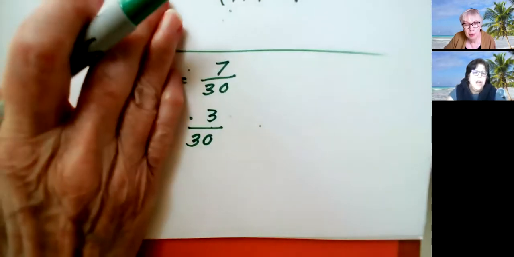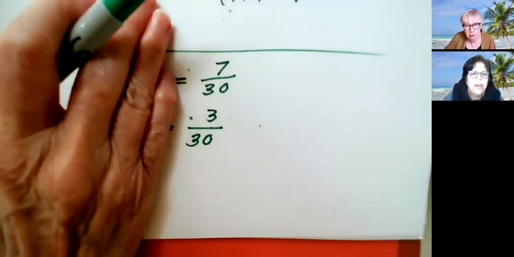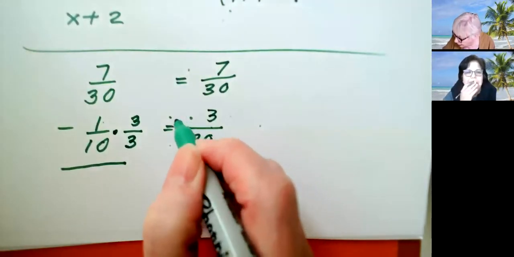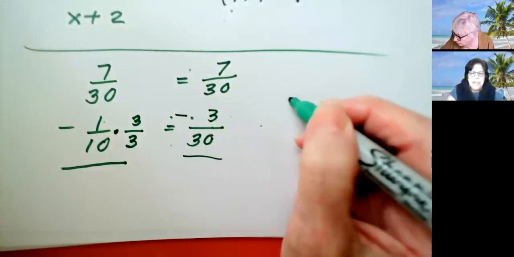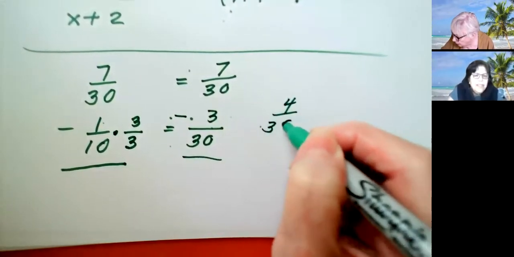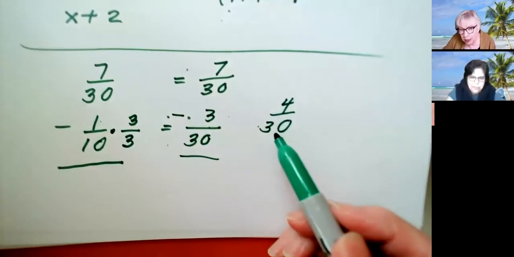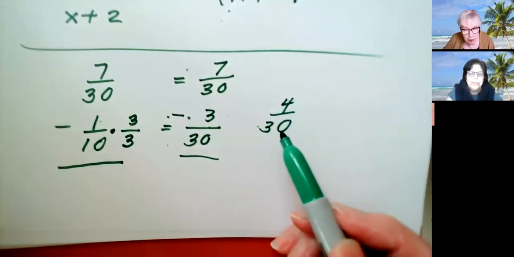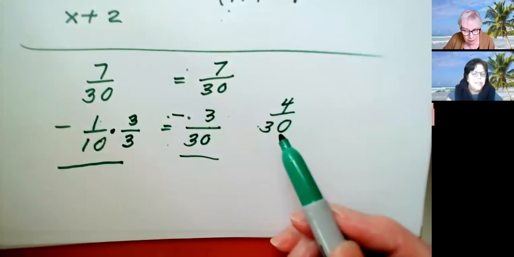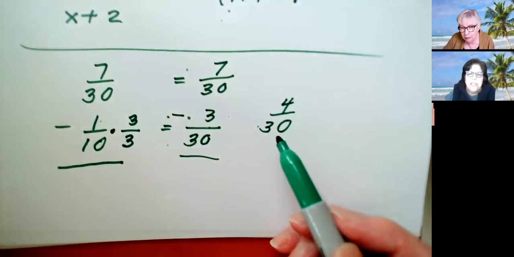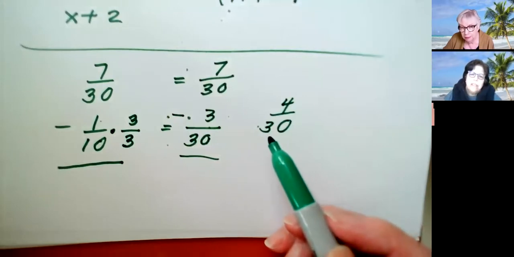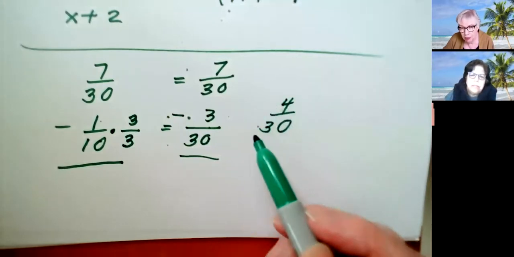No, it's 4. You're right. It's subtraction. That's where I'm confused. And 4 over 30 wouldn't do it. Wait, you have to try again. This is not good enough.